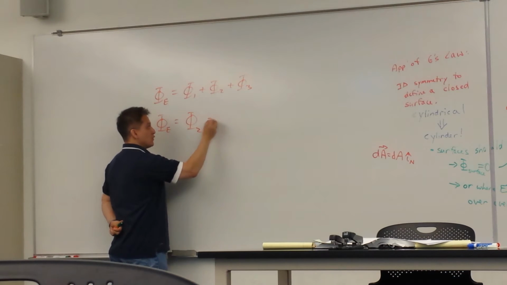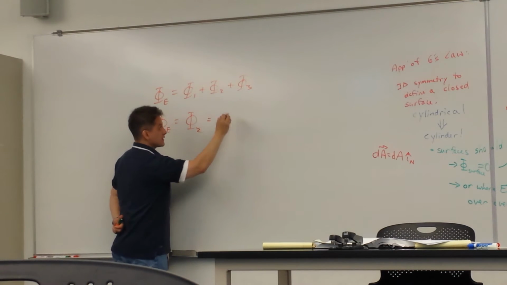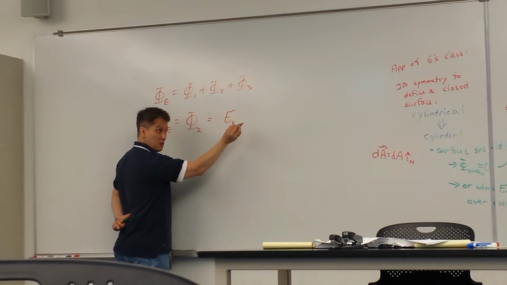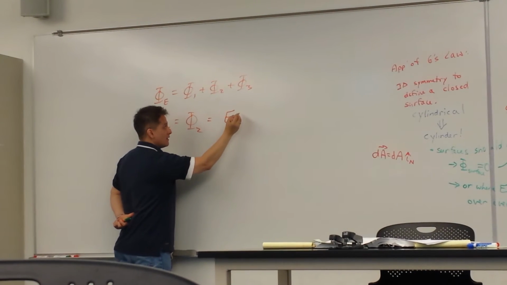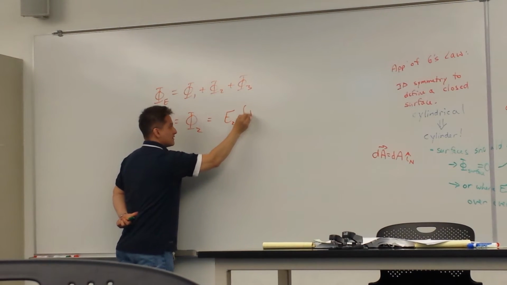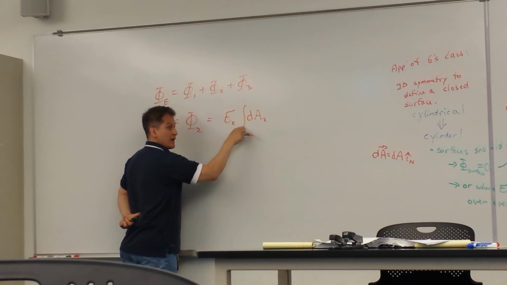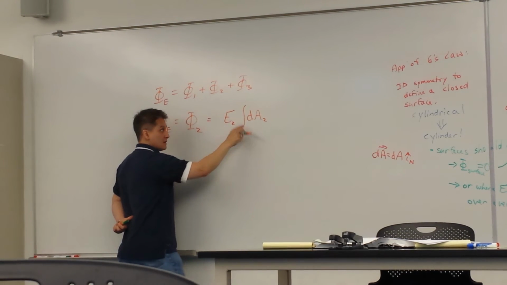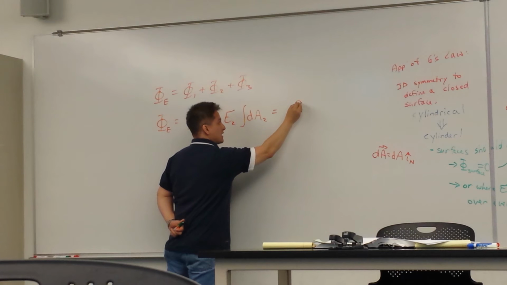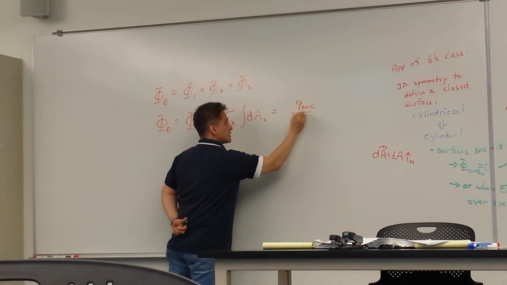And so this quantity, which we can define now, and I already started to set it up, it's E2 dA2. As I evaluate this surface, this whole thing should be equal to the amount of charge enclosed divided by epsilon naught.